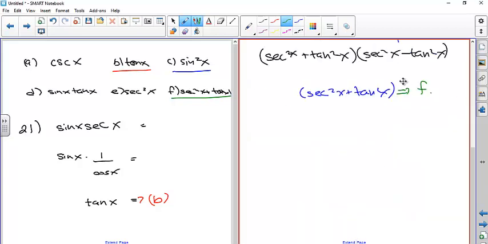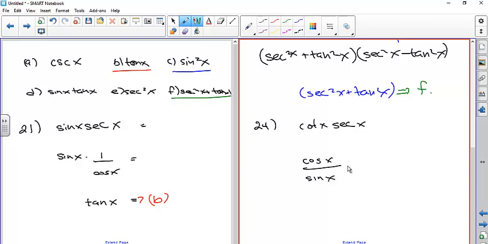Okay, the next one we're doing is 24, which is cotangent x secant x. So there's no squared, so you're probably not going to use the Pythagorean identity. We could try to write this in just sine and cosine. So the cotangent is the cosine of x divided by the sine of x.